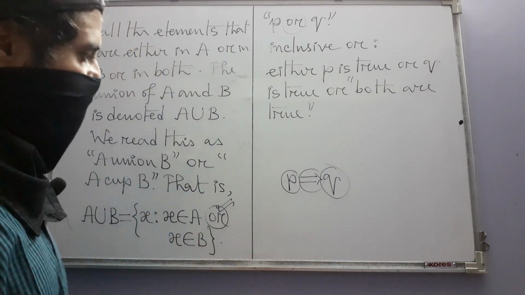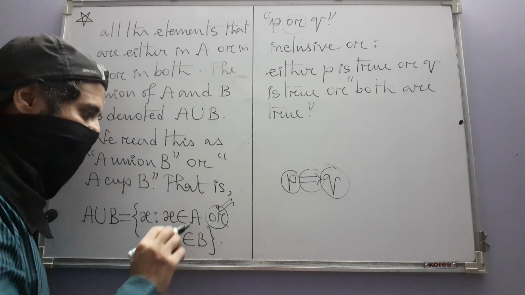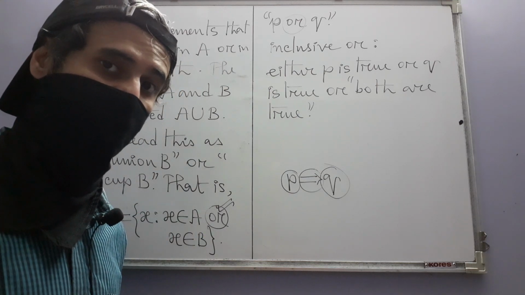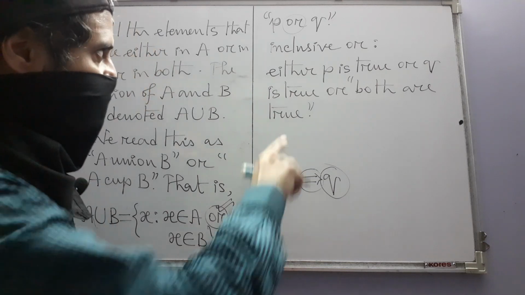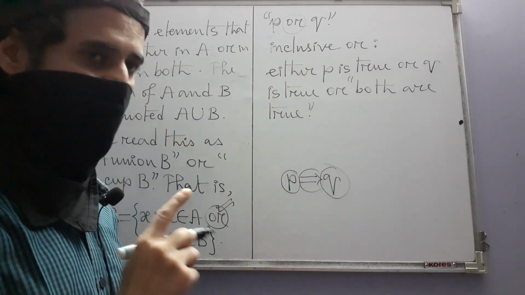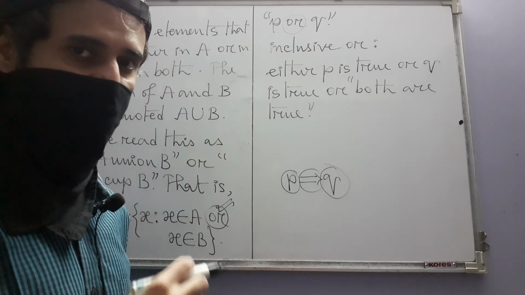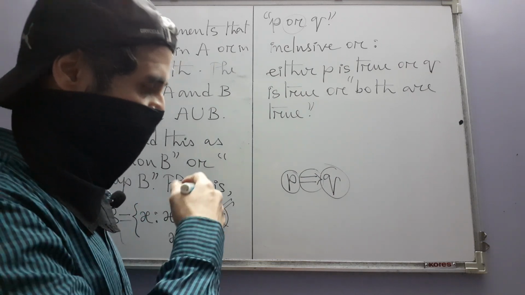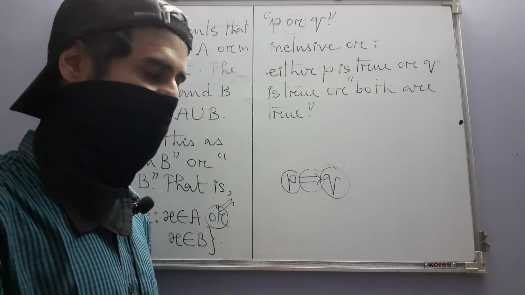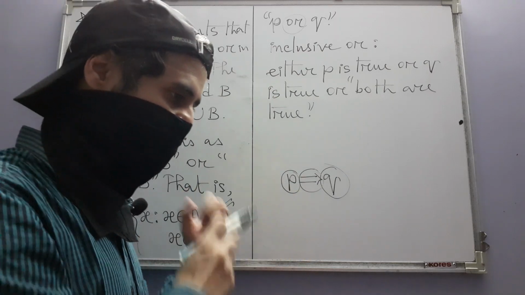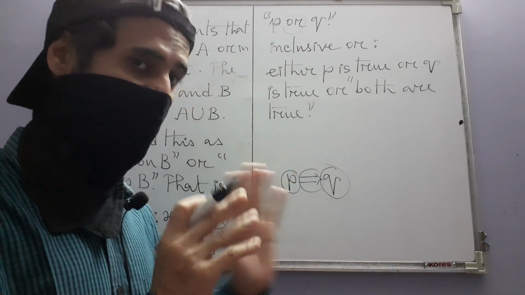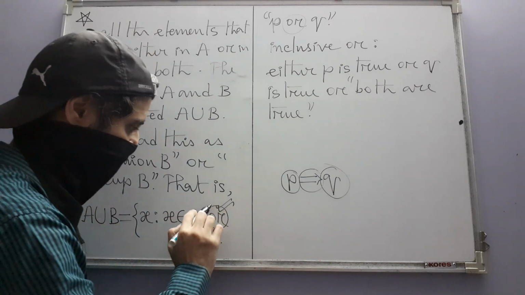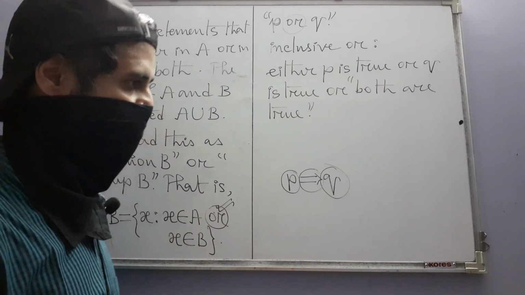The reason is that inclusive or appears much more frequently than exclusive or, which is what we normally mean when we write an English sentence. When we use or, in most of the cases we mean exclusive or, that is either something is true or something else is true, but not both. In maths, however, or means inclusive or.